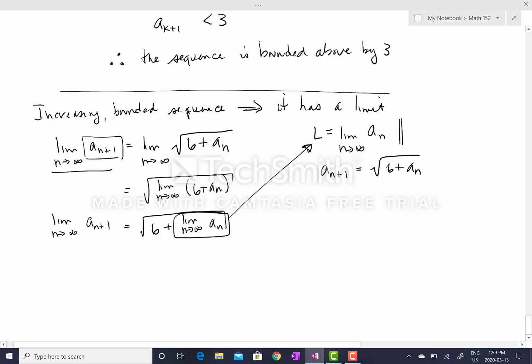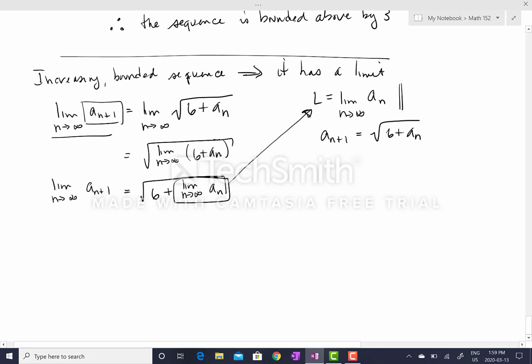I know it exists, some number L. I can do that because I've established from the fact that it's increasing and bounded that there is a limit. So then I can replace that here. That is going to be the square root of 6 plus L. I'm really making a lot of headway actually.